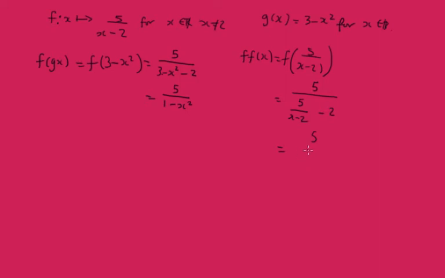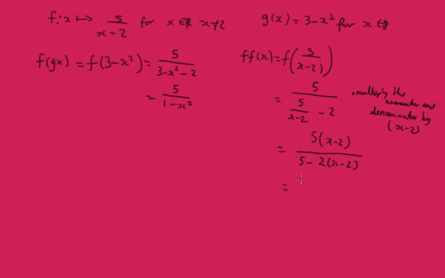We're going to multiply the numerator and denominator by x minus 2. So we'll have 5 times (x minus 2). Then here we're going to have 5 minus 2 times (x minus 2).